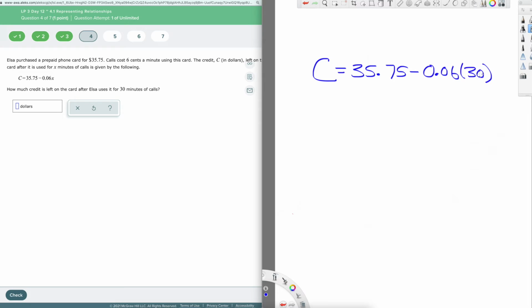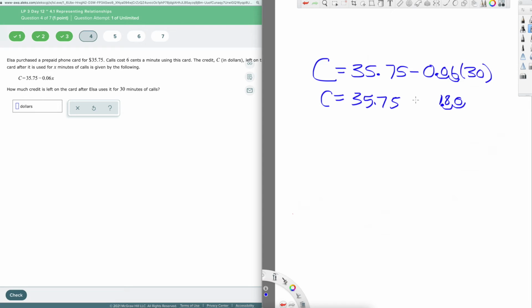So when I'm doing this, I can actually ignore the decimal for just a minute and go 6 times 30, and I get 180, right? But now I need to put the decimal back. This was 2 decimal places, so I need to do the same thing here. So it's not going to be 180, it's going to be 1.80. So I can do that.